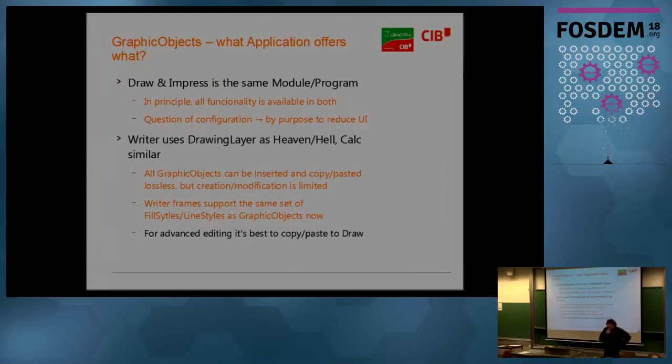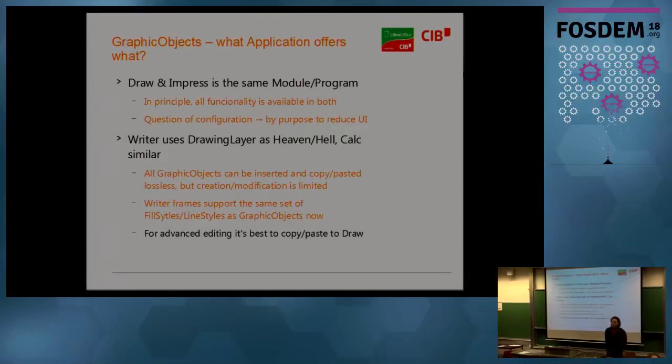Just a short review, basic knowledge of the graphic object stuff. Draw and Impress are the same module and program. I'm not sure if you know, it's just a question of configuration. Together with Writer and Calc and the other programs, using the Draw objects, you have a pretty decent chance that it's 100% compatible.